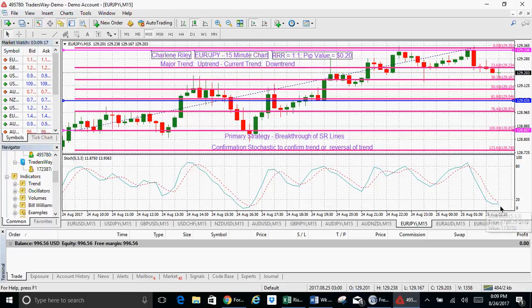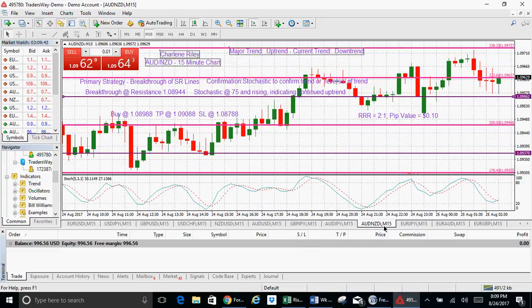I see that the stochastic is about to cross over, which would indicate a reversal is afoot. So we shall see, and it's in the oversold region because the stochastic is below 20. So I would be looking for that.